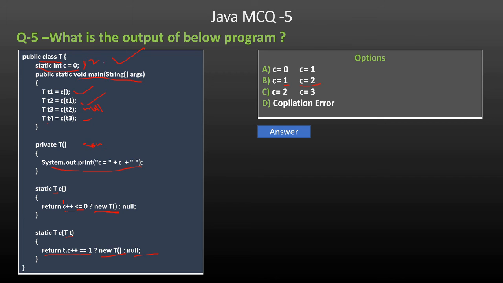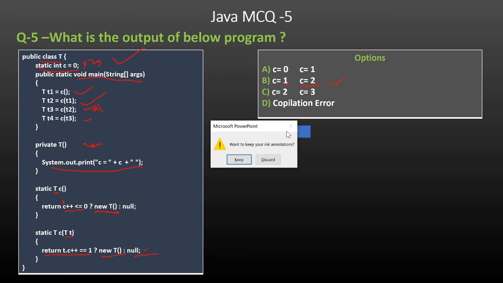After the third one, I think its value should now have become 3 after increment. So this condition will not be satisfied, so this value will also become null, the constructor will not be called, and the program will be over. So that's why I think this should be the answer.